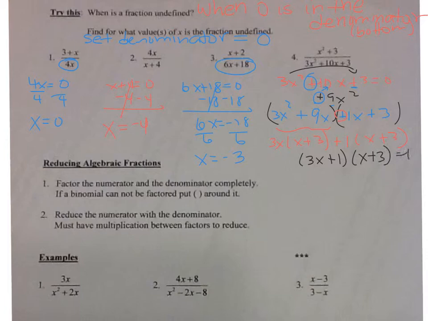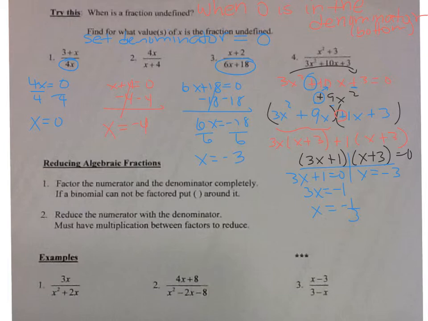And remember, I want to know when it is going to be equal to 0. So now I make my t-chart. I get over here x is negative 3. Over here, I get 3x plus 1 is equal to 0, minus 1. 3x equals negative 1. Divide by 3, negative 1/3. So it's undefined when x is either equal to negative 3 or when x is equal to negative 1/3. So I have two answers there.